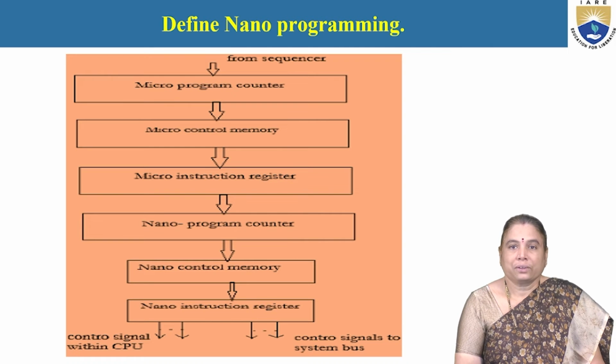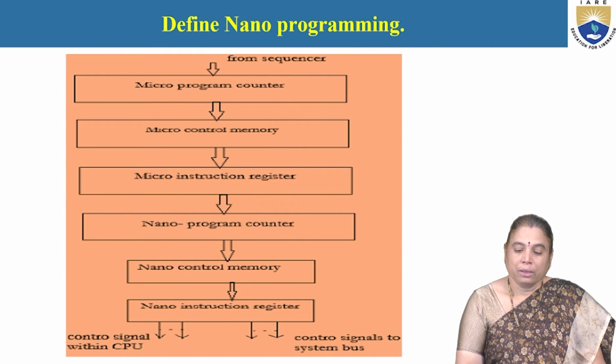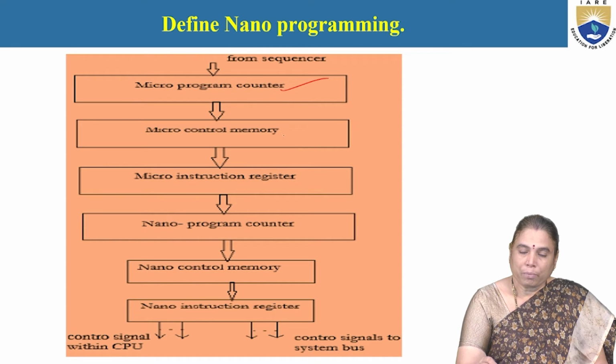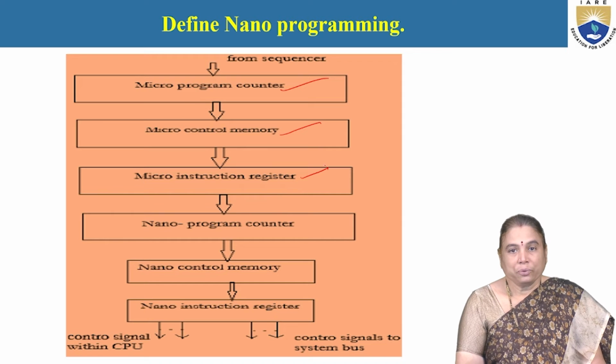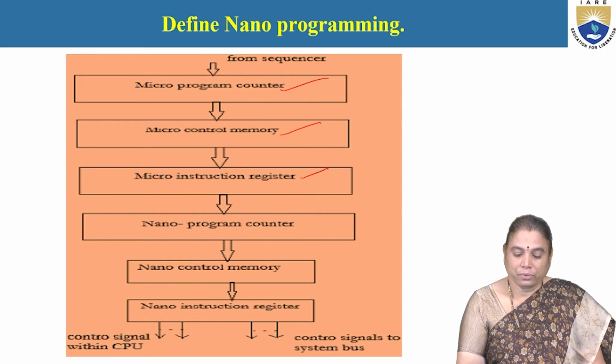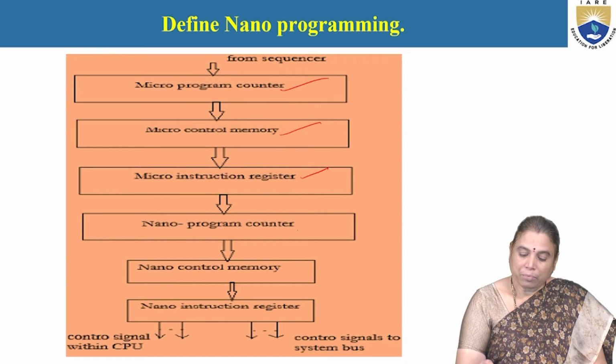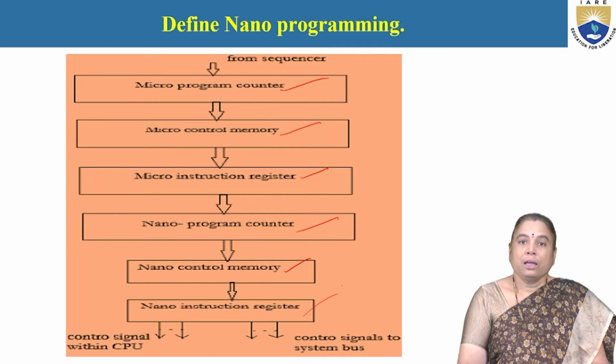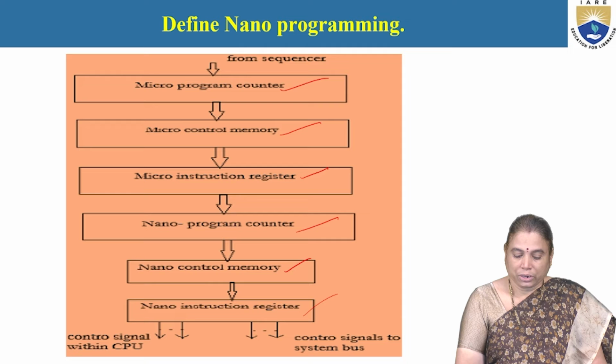This is the structure of nano programming. From the sequencer, the microprogram counter, micro control memory and micro instruction register are used to fetch the micro instructions. The nano program counter, nano control memory and nano instruction register are used to fetch the nano instructions.